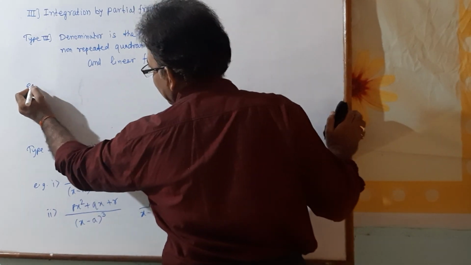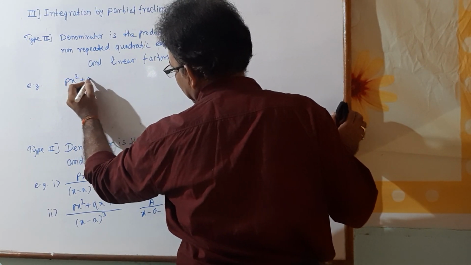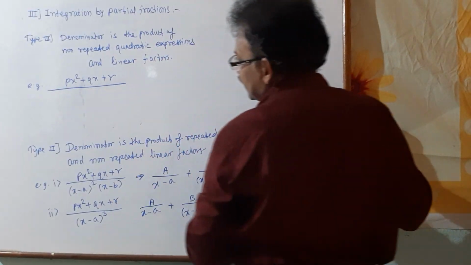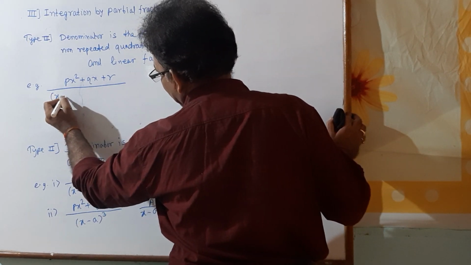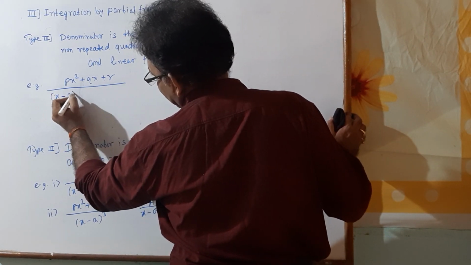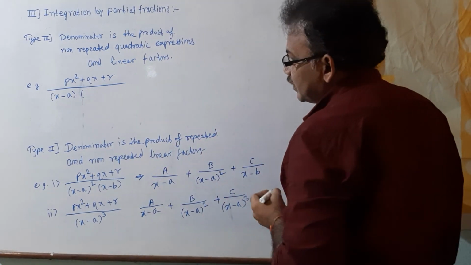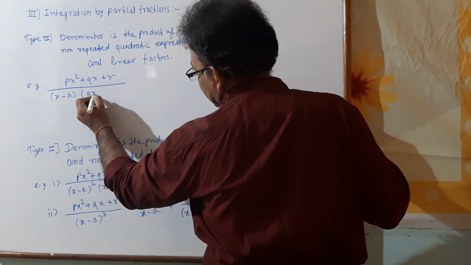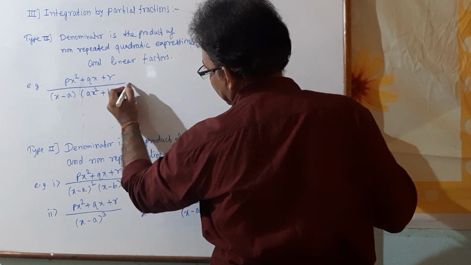For example, an integrand of this type, px square plus qx plus r. The denominator is of this type, suppose the linear factor is x minus a, and suppose the second factor is a quadratic expression, maybe of this type, ax square plus bx plus c.